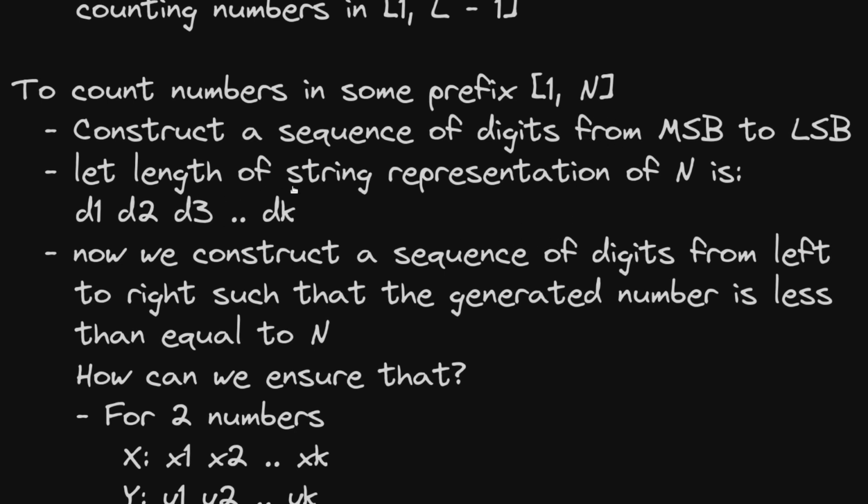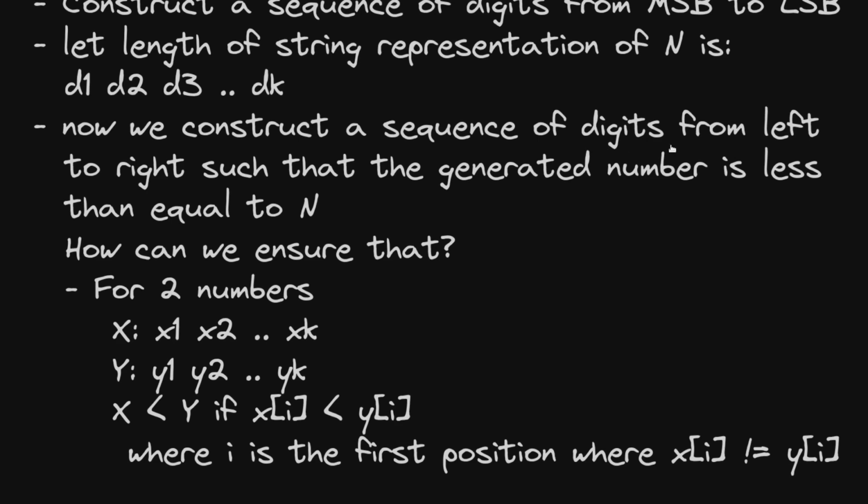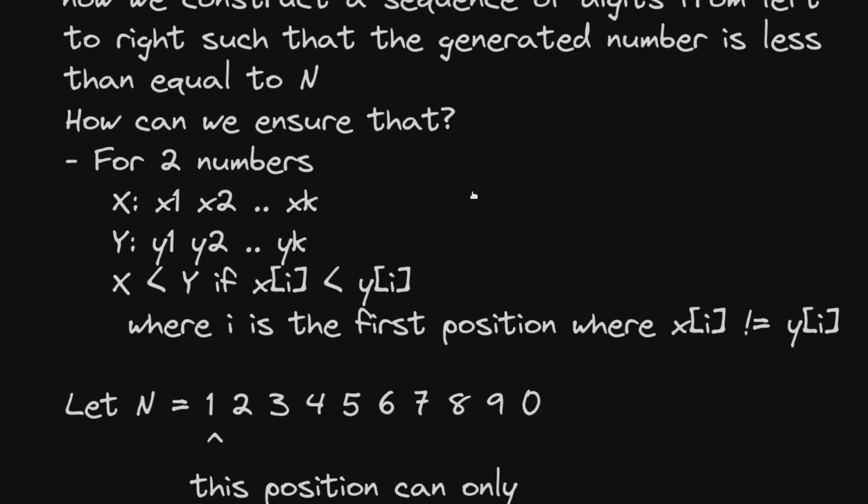So let's represent the string form of N as d1, d2, ..., dk, where k is the length of the decimal representation of N. Now we construct a sequence of digits from left to right such that the generated number is less than or equal to N. How do we ensure that?